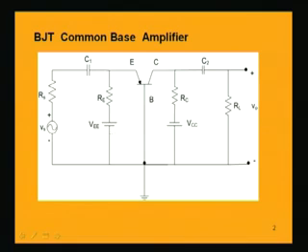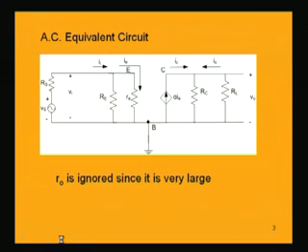Following these steps, we now draw the AC equivalent circuit for this amplifier. Here, the two DC sources VEE and VCC will be grounded, or made 0. The capacitors C1 and C2 will be short circuited, and the amplifying circuit after drawing the AC equivalent circuit will look like this.